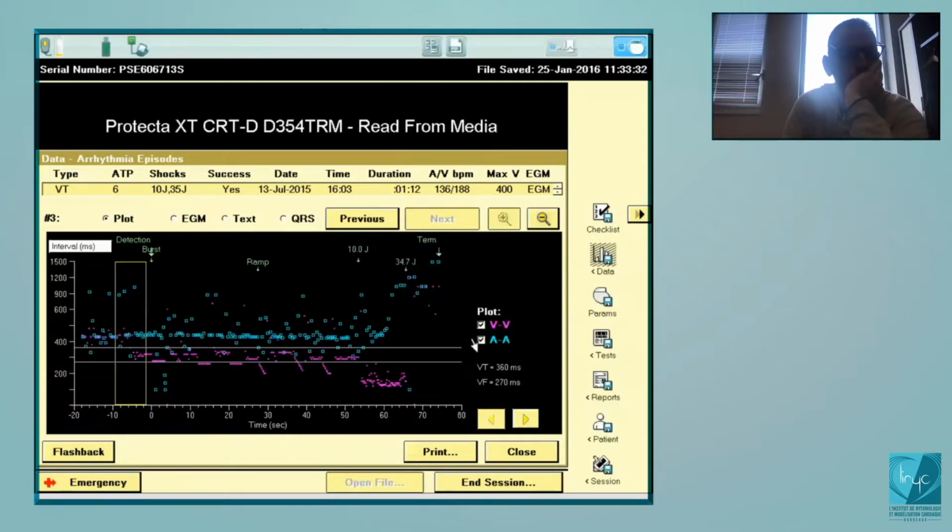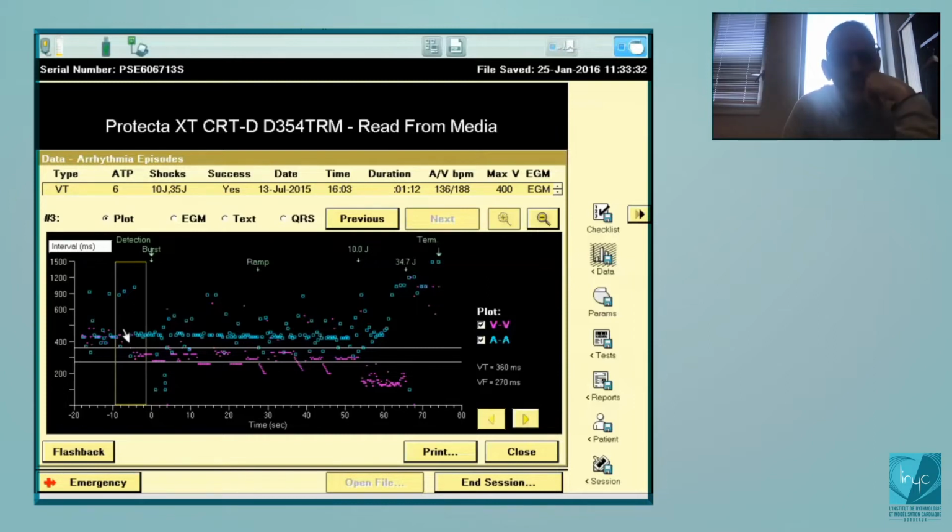Well, we see initially it's a CRTD with two zones programmed, one VT and one VF zone, and we see an episode type VT. So we see an acceleration, V acceleration. Can I see the EGM?